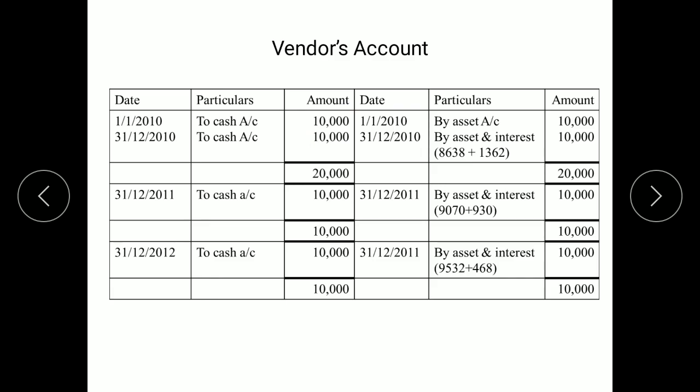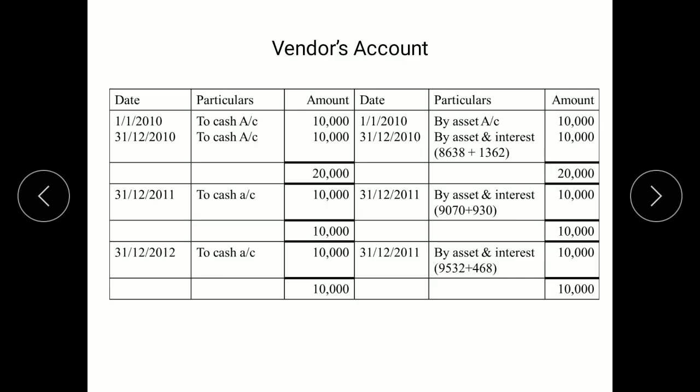In the next year, we don't have any advance due or advance to be paid. So directly with the amount of installment due on 31st December 2011, by asset and interest, that is principal amount plus interest, here 10,000, and on the same date the payment will be made. So to cash account 10,000.